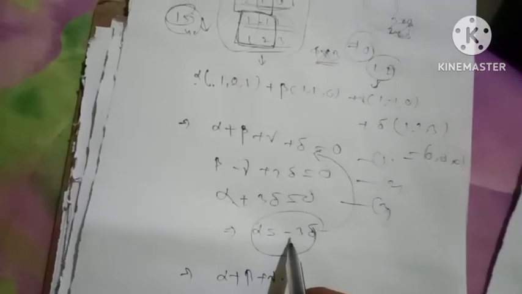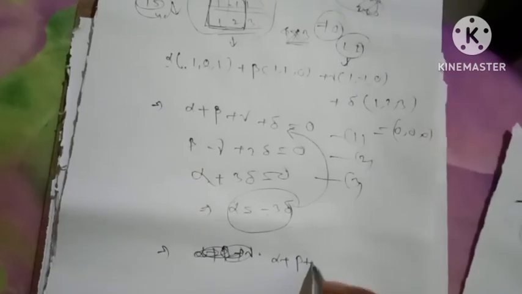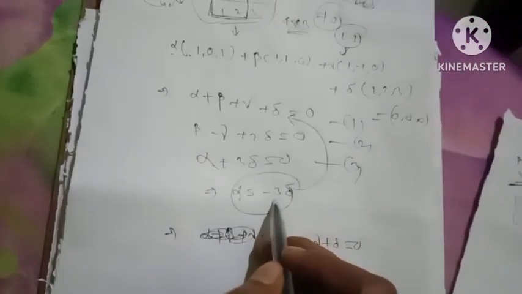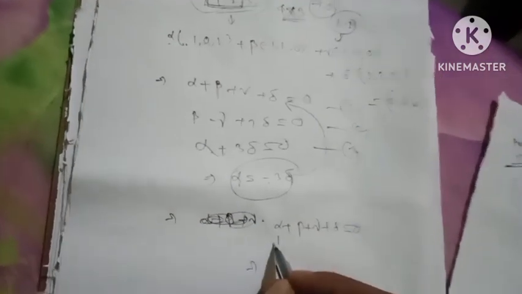Put this in the given equation. So alpha plus beta plus gamma, what is the value of alpha? When you put alpha plus beta plus gamma plus delta equal to 0, and alpha equal to minus 3 delta, instead of alpha I will put minus 3 delta.